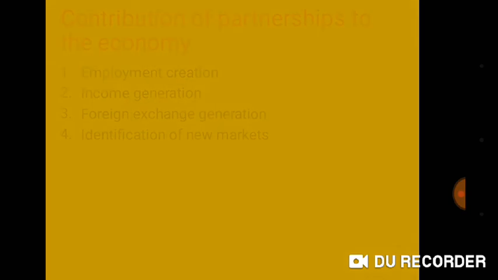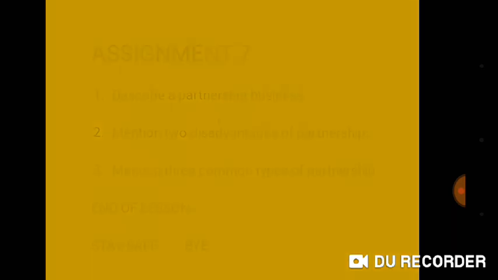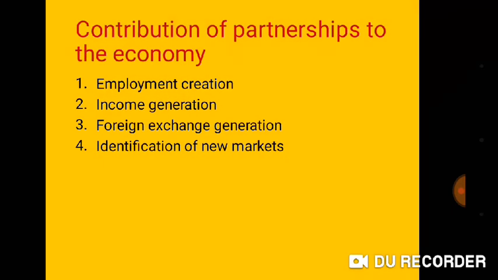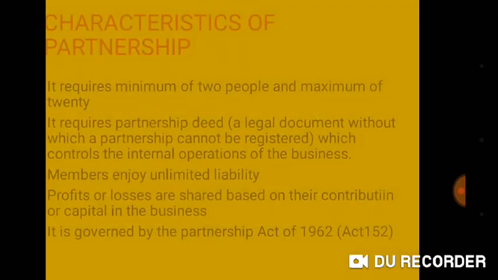Okay. Having discussed all this, we have looked at the advantages and disadvantages of partnership. We have looked at how partnerships are formed or characteristics of partnership. We have also looked at the types of partnership.